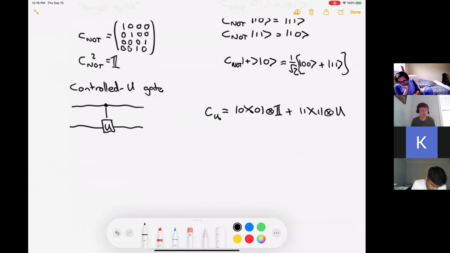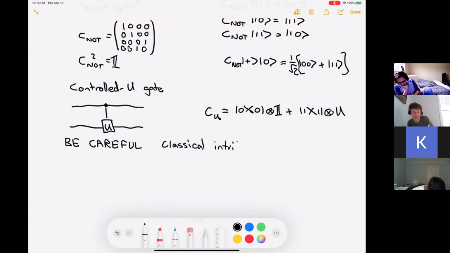There is a very important point to be careful about here, which is that naively, classical intuition seems to tell us that nothing is happening here to the control qubit. Right?